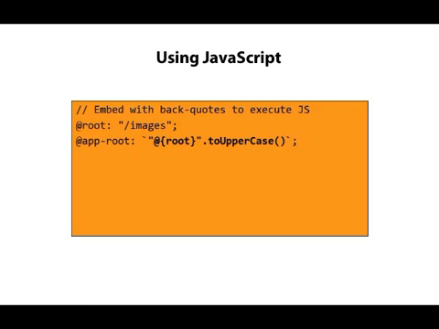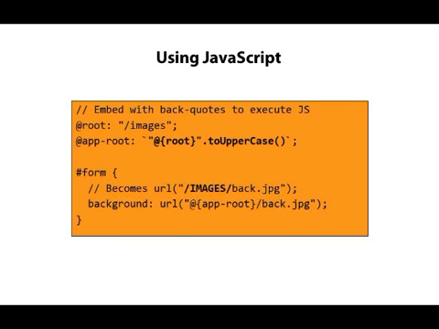In this case, I'm using the string interpolation to spit out the contents of the images and then call the JavaScript function toUpperCase to actually get an @root that is going to be slash uppercase images. So in this case, just like we saw before, we're injecting the @root here, but because we had called toUpperCase in JavaScript, the images gets uppercased for us.